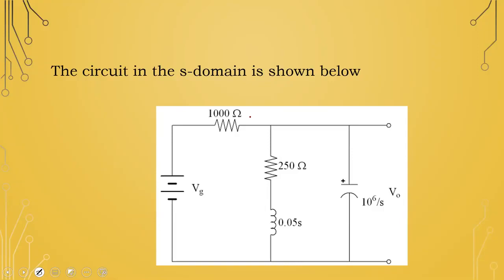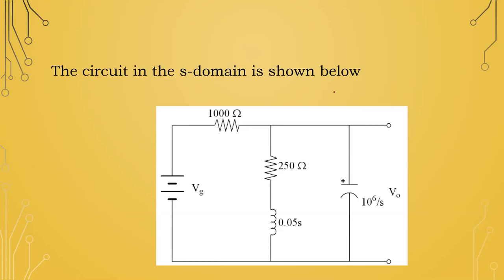So I can probably write V0 as a function of Vg, by grouping the 250 ohm with the inductor value, and then doing the parallel connection with the capacitor.